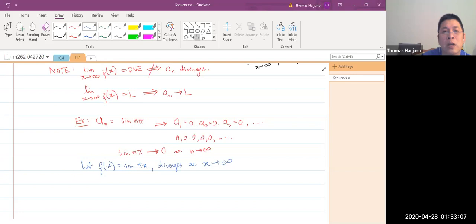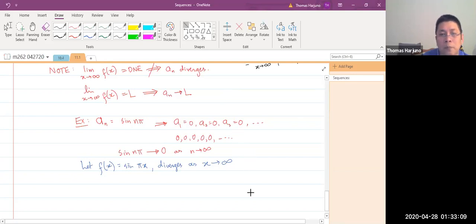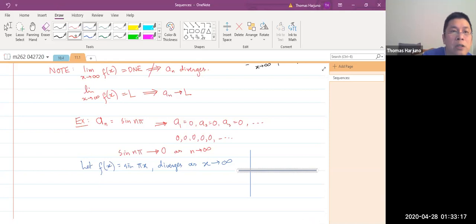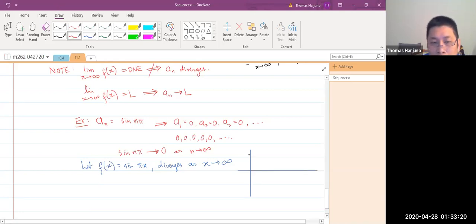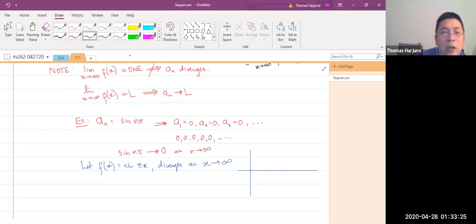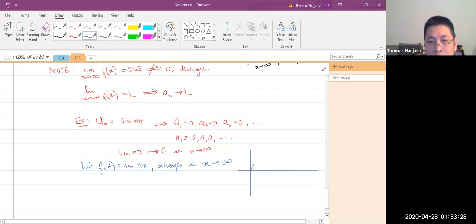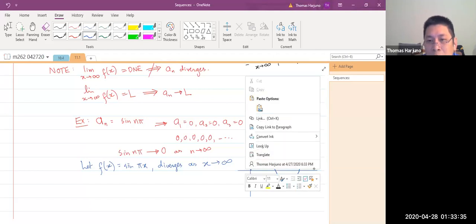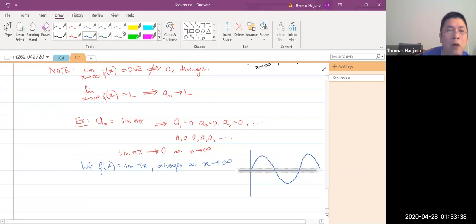Now we can see it this way. Suppose this is my coordinate system, and I deal with sine pi x. Sine pi x looks like this. Now, however, sine n pi is only this guy and this guy and this guy.